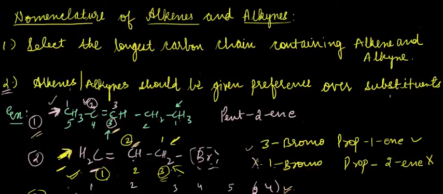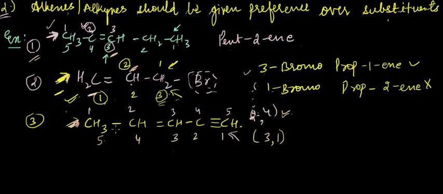Okay, now let's come to the third example, wherein we have something like this. This is a compound wherein we have a double bond and a triple bond. If we start numbering from this carbon atom, we can find them at the second position and fourth position. So 2, 4 is the position of carbon atoms where you can find the alkene and alkyne.